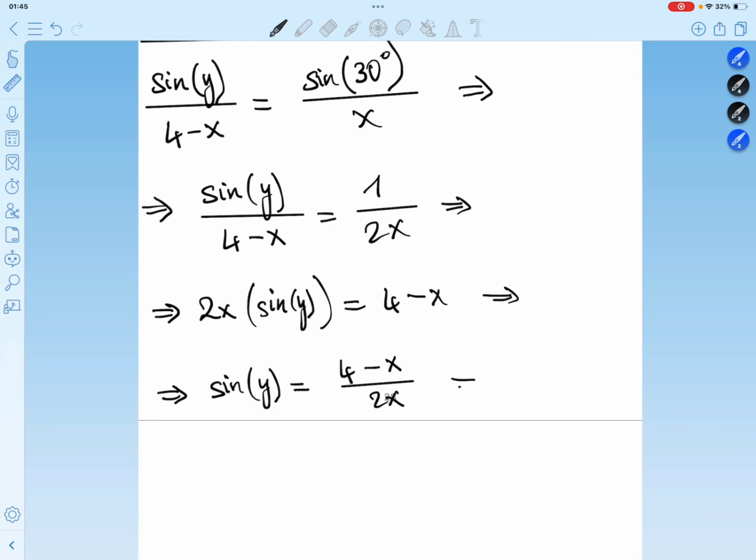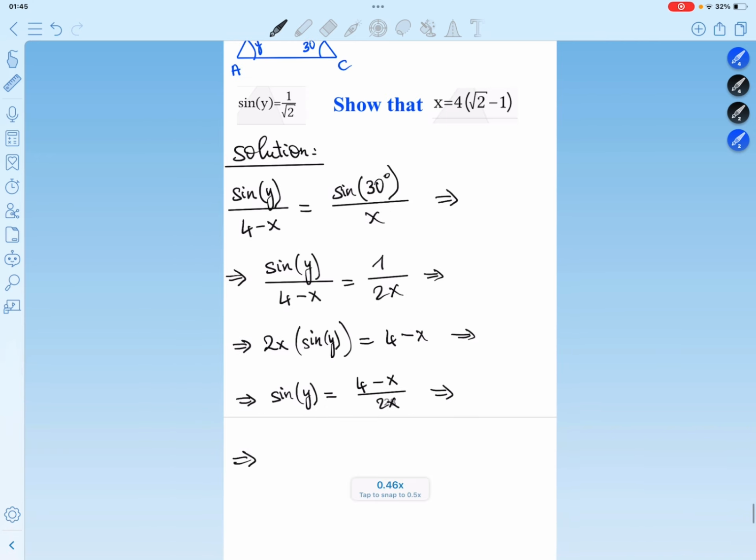Now we know that sine of Y is equal to 1 over square root of 2.